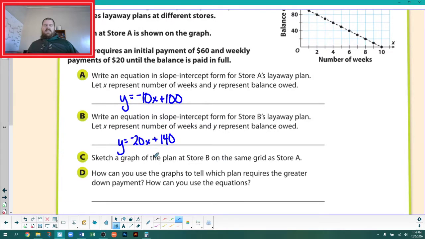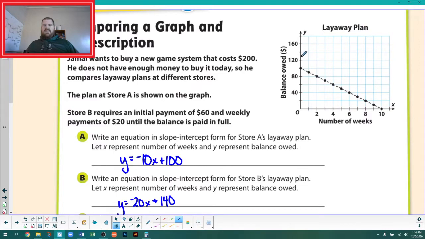Okay. And we want to sketch the graph of store B's on the same grid as store A's. So we're starting here at 140. And we're going to pay $20 every week, $20 every week. Every line is $20, so this becomes a little bit easier. I'm actually going to connect it with a solid line for this one.